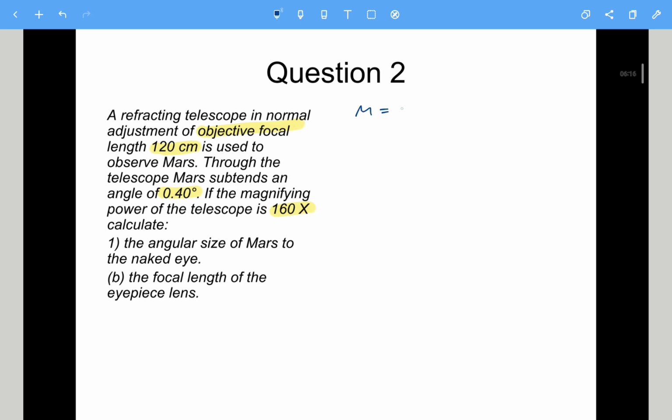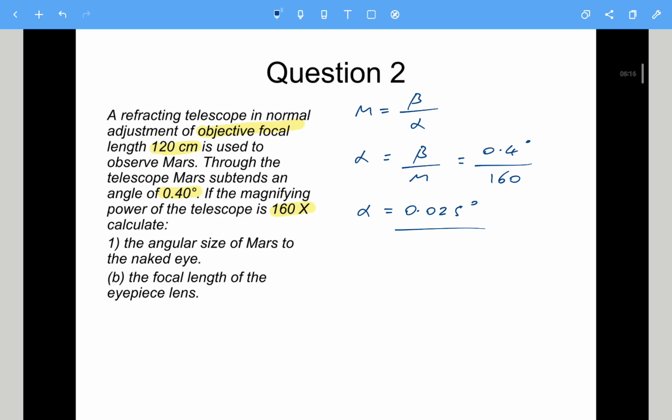Magnification is equal to beta divided by alpha, and we rearrange to find alpha. So alpha is equal to beta divided by the magnification. That's 0.4 degrees through the telescope divided by 160. So to the naked eye, the angle alpha would be 0.0025 degrees.